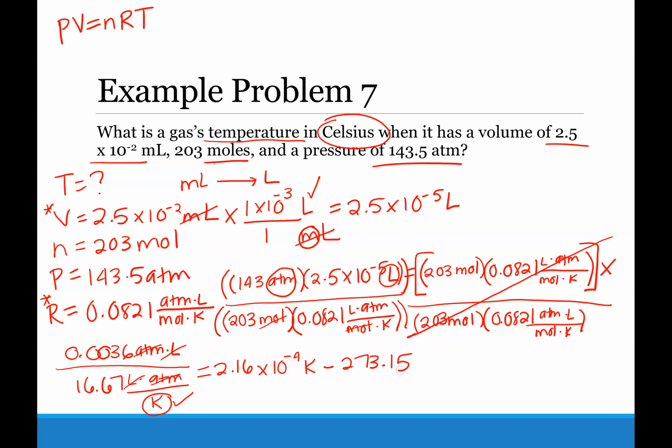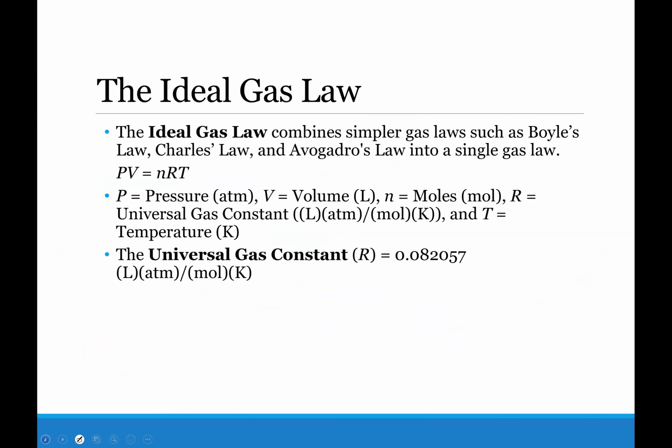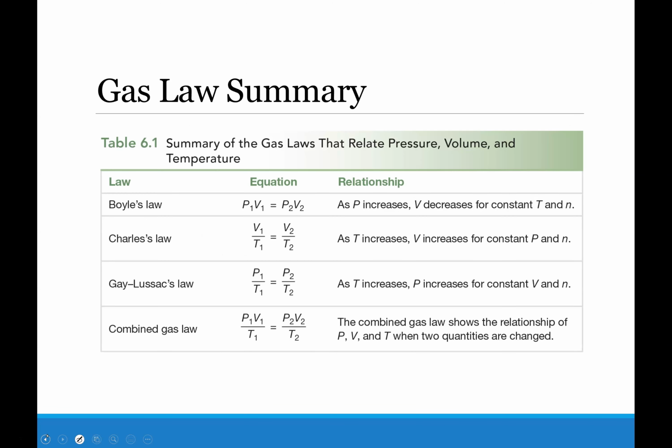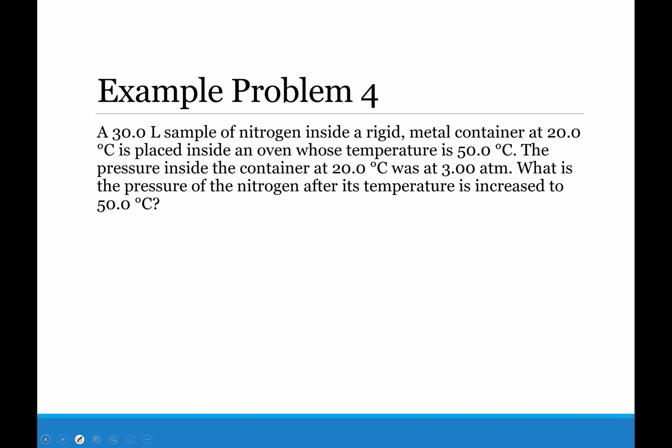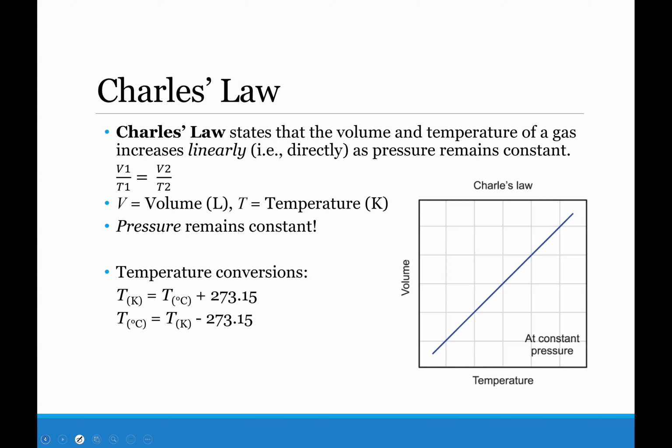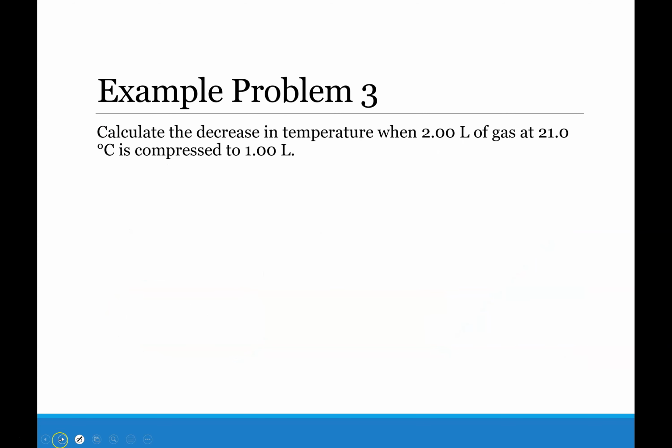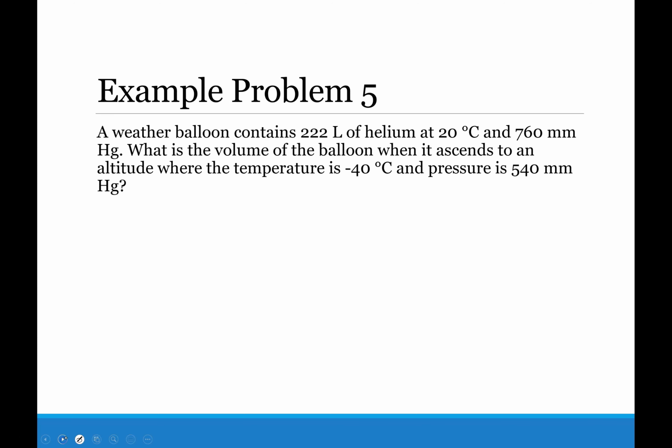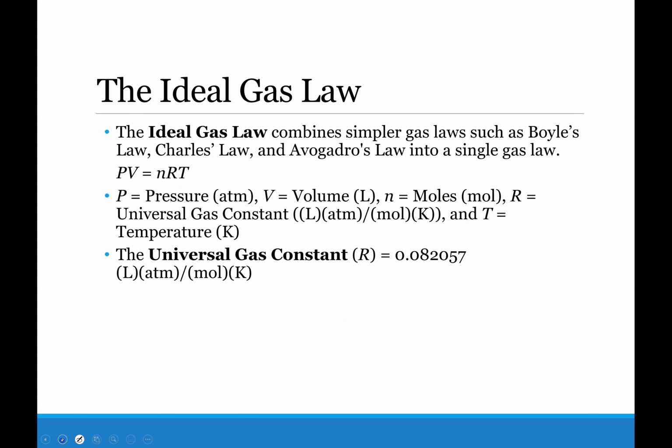I think I have a slide somewhere in this PowerPoint where I break down the temperature conversions, going a little bit further back, maybe into Charles's law. Yeah, here they are. So temperature in Kelvin minus 273.15, and that's how you're going to convert that to Celsius if you have to, which in this particular problem we do.